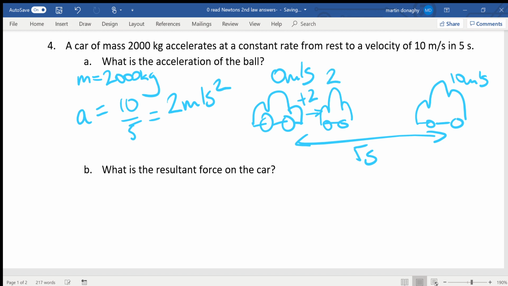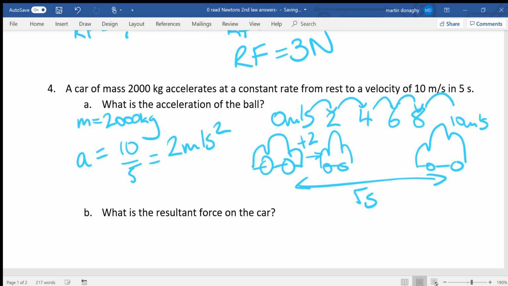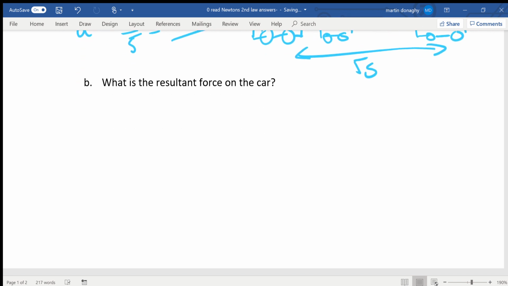So it's going to go 2 meters per second, 4 meters per second, 6 meters per second, 8 meters per second. So each second the speed is increasing by 2. So across the 5 seconds it would increase to 10. So our acceleration is 2 meters per second squared.